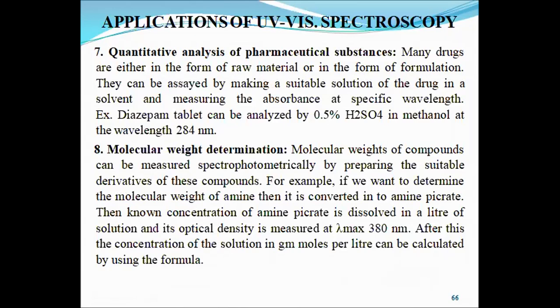For example, if we want to determine the molecular weight of an amine, we need to convert it into amine picrate, and then a known concentration of amine picrate is dissolved in 1 liter of solution, and its optical density is measured at the lambda max value of 380 nanometer. After getting this result, the concentration of the solution in gram moles per liter can be calculated using the formula for molecular weight determination.